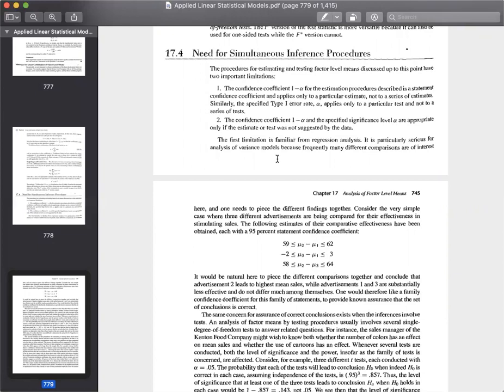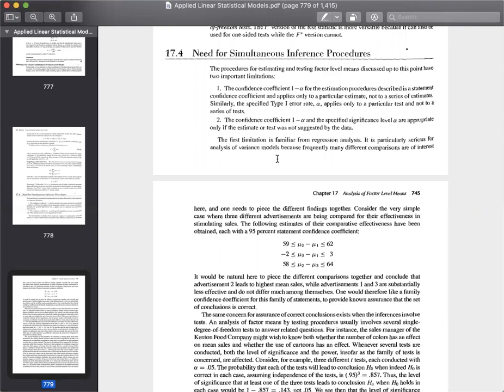The first limitation is familiar from regression analysis. It is particularly serious for analysis of variance models because frequently many different comparisons are of interest here, and one needs to piece the different findings together. The same concern for assurance of correct conclusions exists when the inferences involve tests. An analysis of factor means by testing procedures usually involves several single degree of freedom tests to answer related questions.